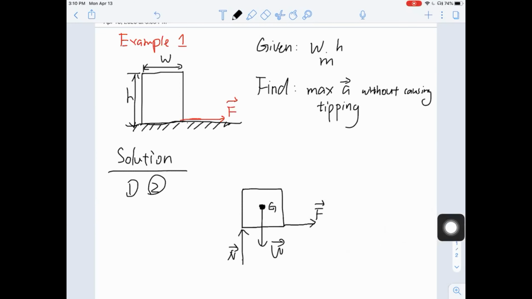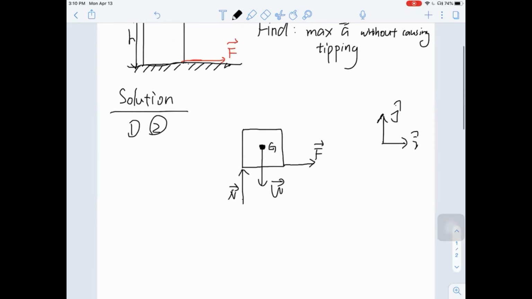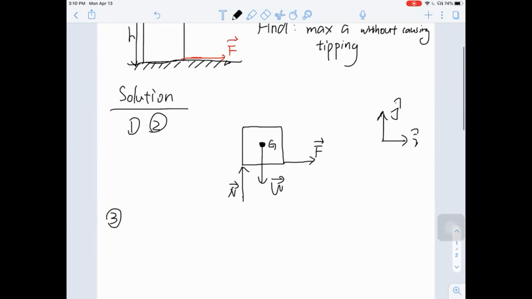And second step, we need to set up a coordinate system. Of course, in this problem, i and j would be enough. Okay, so now we finish the first 2 steps. Not too bad. Let's look at steps 3 and 4.